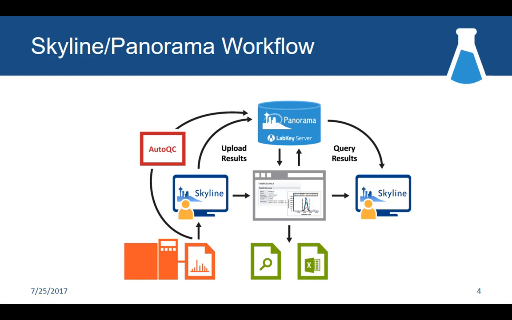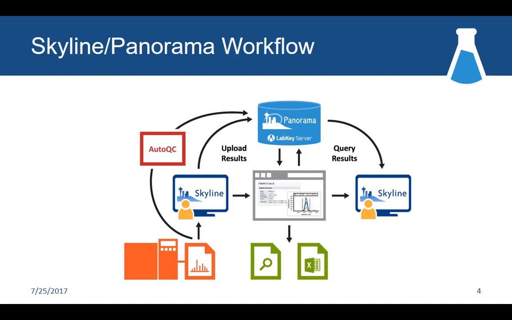So this is a pretty cool capability where you can set up this tool called AutoQC. It runs and monitors a spot, typically on the mass spec computer itself, on the instrument. It monitors for newly acquired QC files to show up, then automatically analyzes them using Skyline, but without showing the user interface, and then uploads it at the end into what we call a QC folder in Panorama.